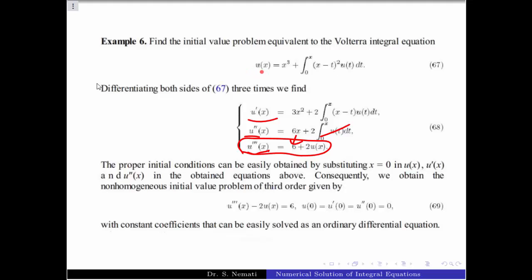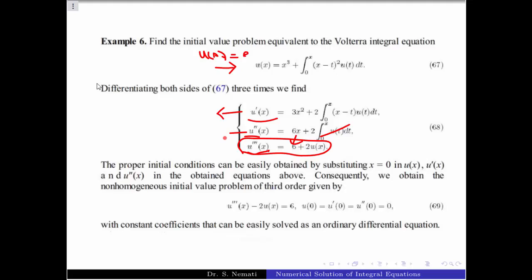And you know that these 3 initial conditions are obtained using our consecutive equations. From the first one, we obtain u of 0, which is easily equal to 0. From the second one, we obtain u prime of 0, which is once again 0.